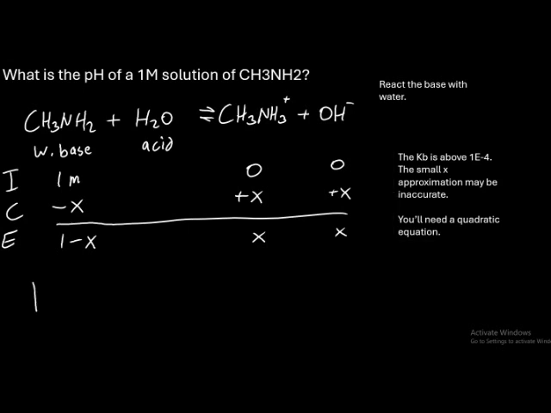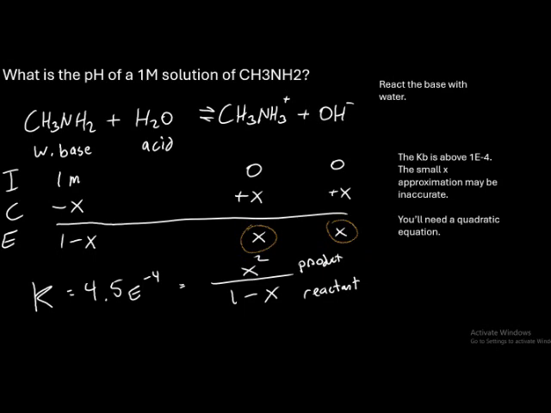Let's try to organize the algebra a little bit. Our k value that we were given is 4.5 times 10 to the negative 4th power. This will equal the products divided by the reactants. Our products are x times x. This gives us x squared on top, and 1 minus x for our reactant on the bottom.